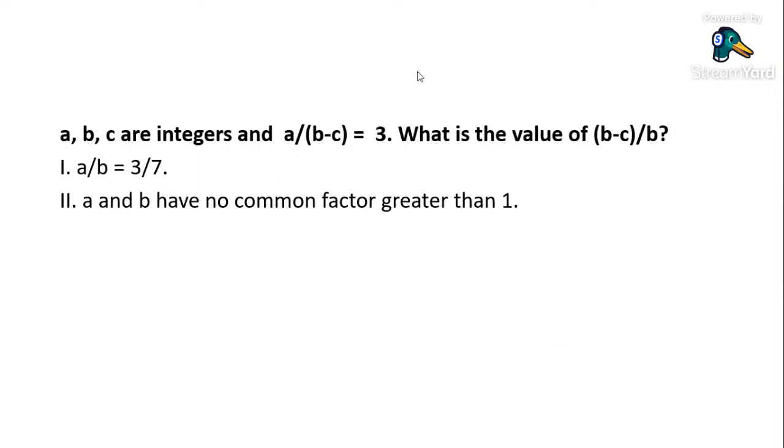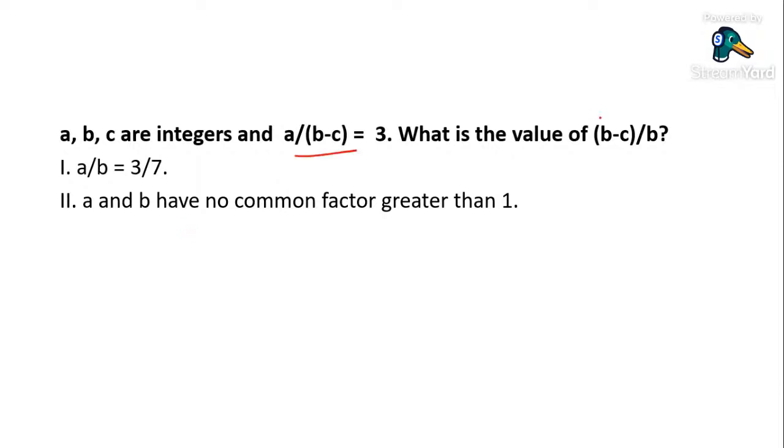Try to answer it. The question says A, B, and C are integers and A divided by B, divided by C, equals 3. What is the value of B minus C by B? I repeat, A, B, C are integers and A by B minus C equals 3.